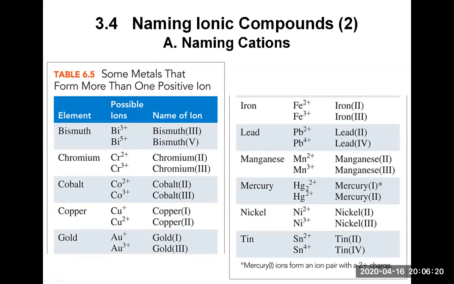Tin, for example, is often a 2+ or 4+ ion. Notice that 4 in Roman numeral is capital I and capital V. Capital V means 5, and capital I before capital V means 5 minus 1, which is 4. Bismuth 5+ is bismuth(V), and 5 in Roman numeral is the capital V. You can look at these.